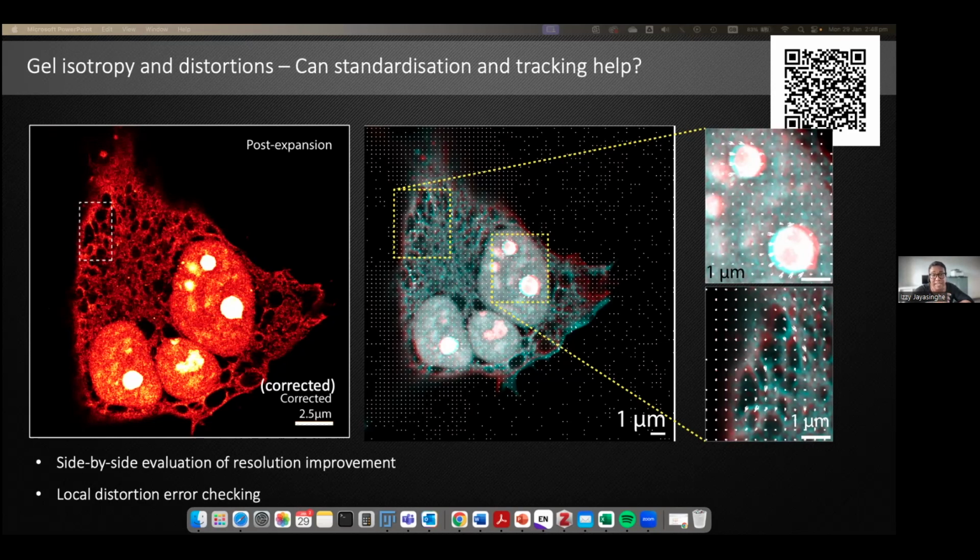In this paper, we actually show some tissue expansion experiments as well, where you can get extra dimensions of this. You can get systematic errors that are shifted in very specific regions, so shear distortions. You can get things like tilting and warping, and those are much more prominent in tissues.